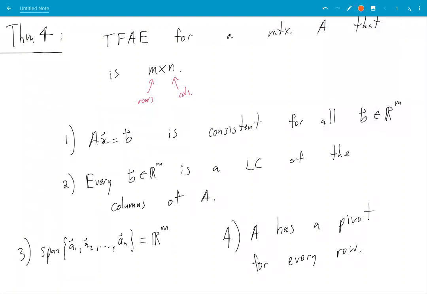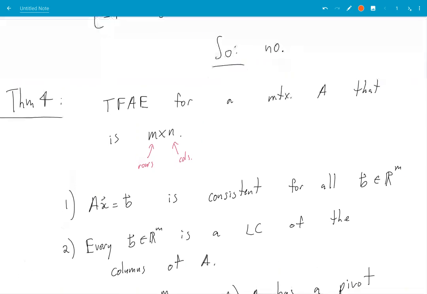Okay, pause the video and write all that down. I'll say a few things about what's written here. Okay, how do I know this is M? M is the number of rows here. So M is how many entries are in that vector B?